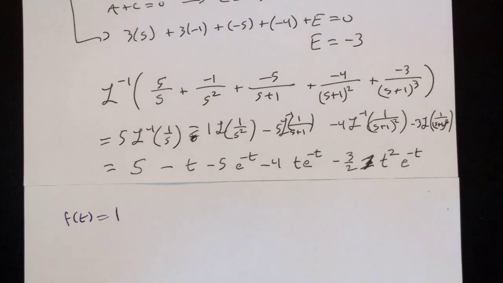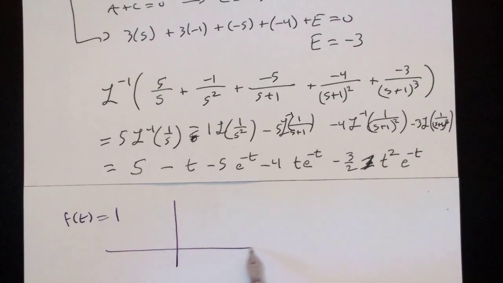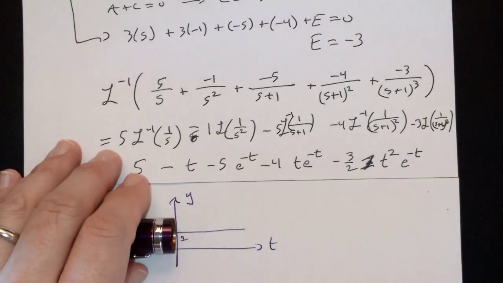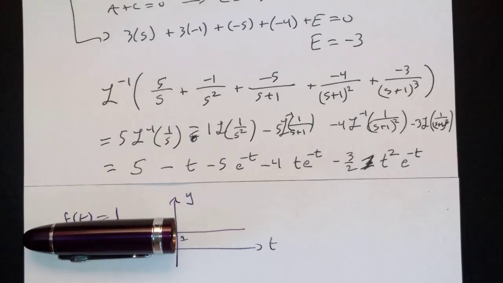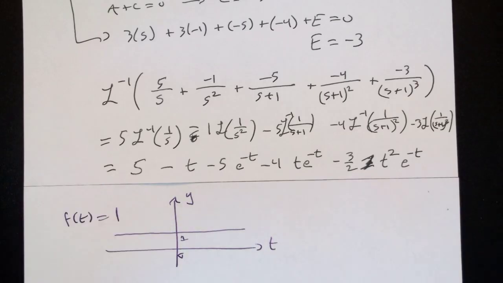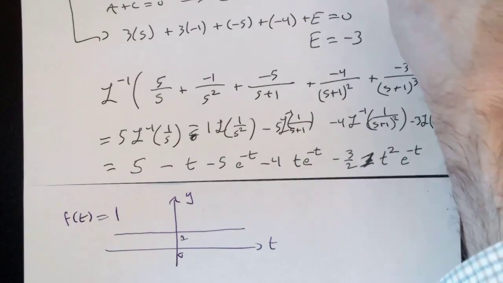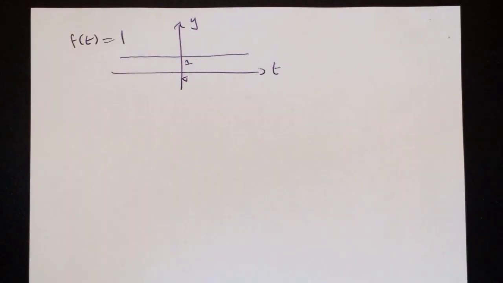I could think of this at a height of 1, only this part of it, because I was really doing the integral from 0 to infinity. But since the Laplace transform only cares about from 0 over, what if the function didn't have a left side? What if we consider the function that is only 1 from 0 on?